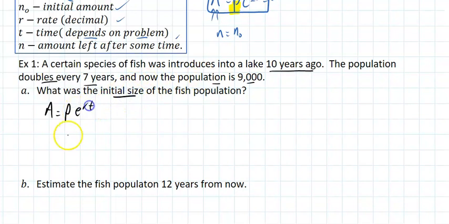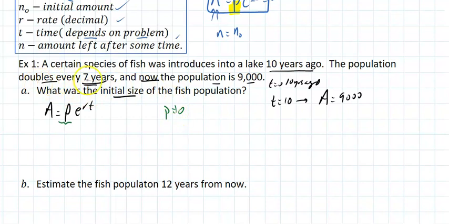e to the rt. Well, this is what I know. It was introduced 10 years ago, so that's at t equals 0. Now, when t equals 10, the population is 9,000, right? And it doubles every 7 years. So let's say the initial amount was 10.